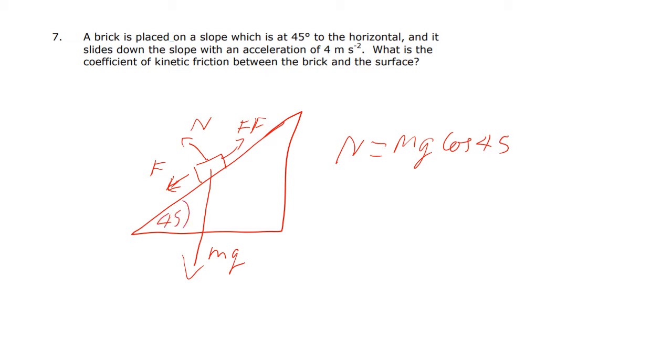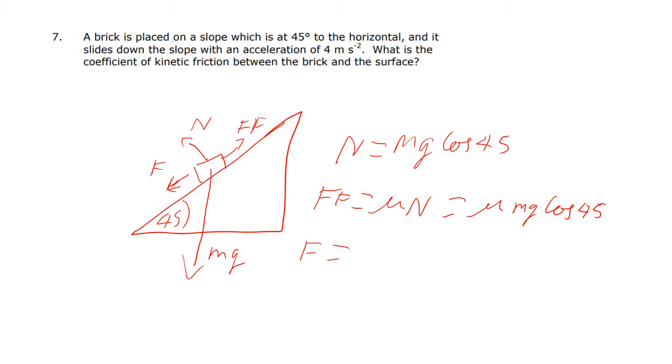And we know our frictional force is equal to mu multiplied by the reaction force. Sorry, I tend to call it normal force. So we'll say mu mg cos 45. So that's good. We have our normal force and our frictional force.